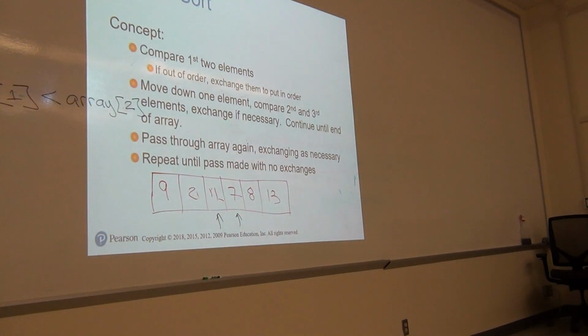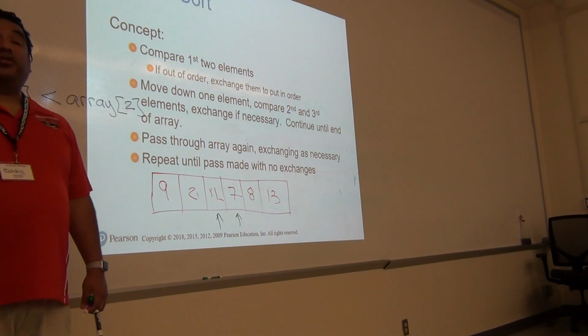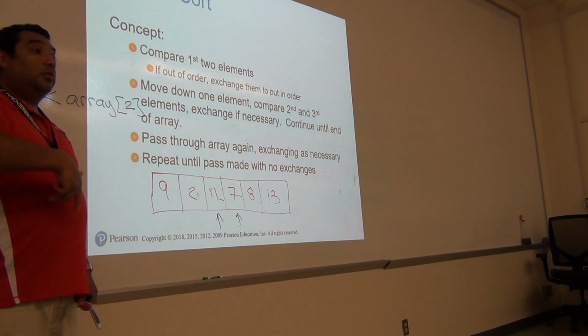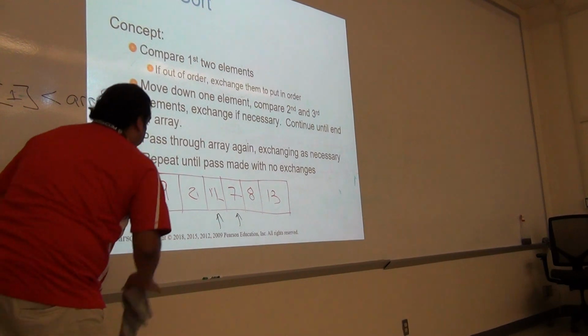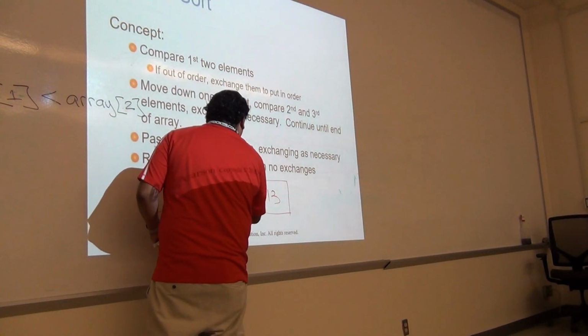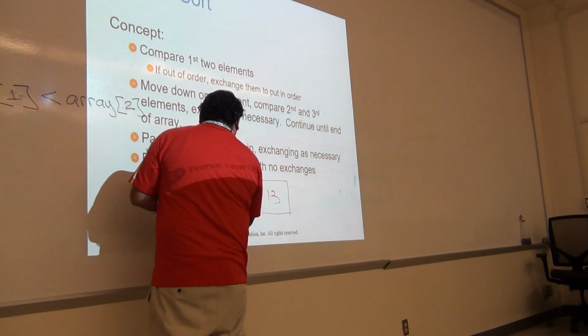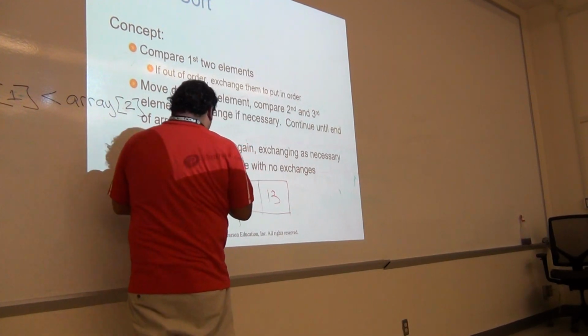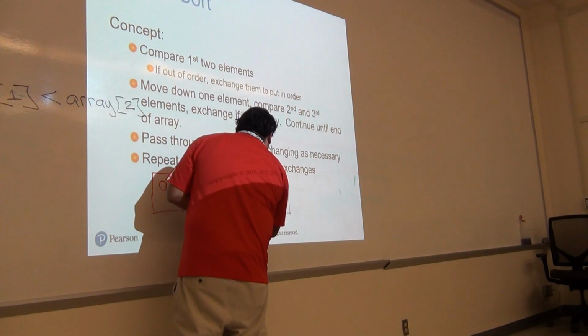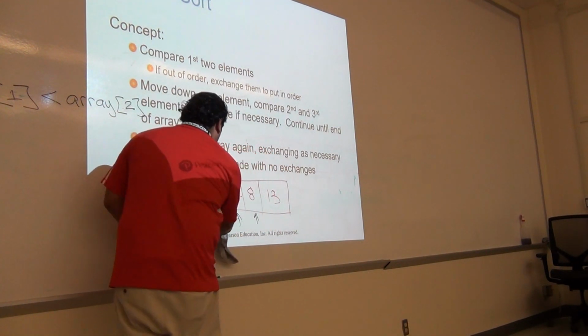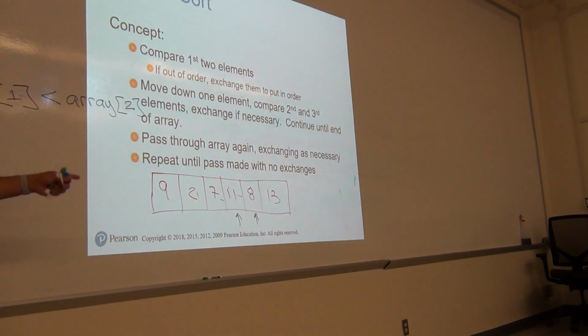We're going to do another comparison. Are those values in order? They are not, right? So what are we going to do? Swap them. We iterated back. Are they in order?